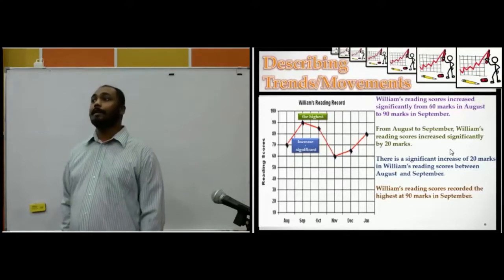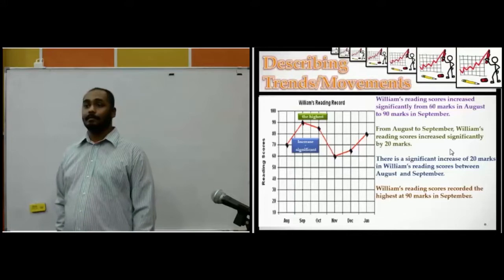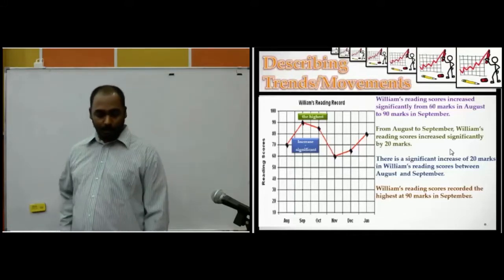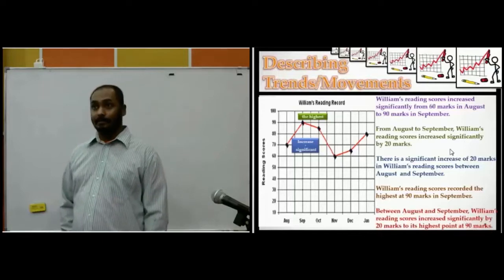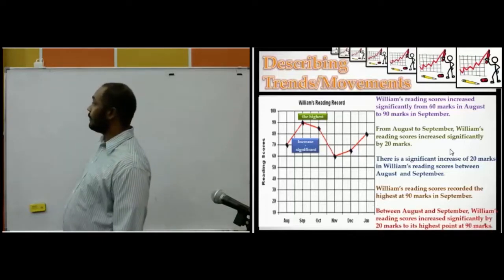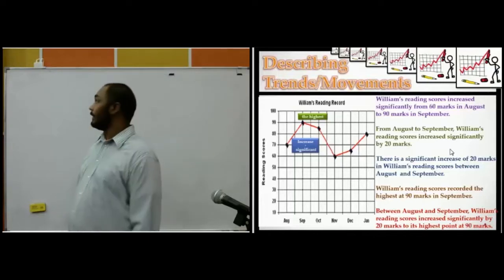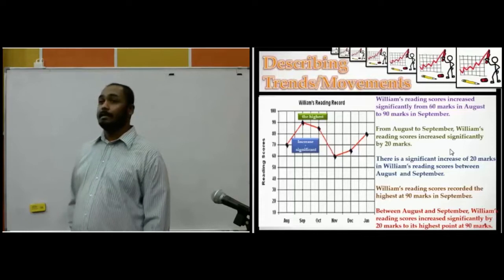But normally we say recorded the highest. If you're not using recorded the highest, you can use was the highest, the same sentence. William's reading scores were the highest at 90 marks in September.